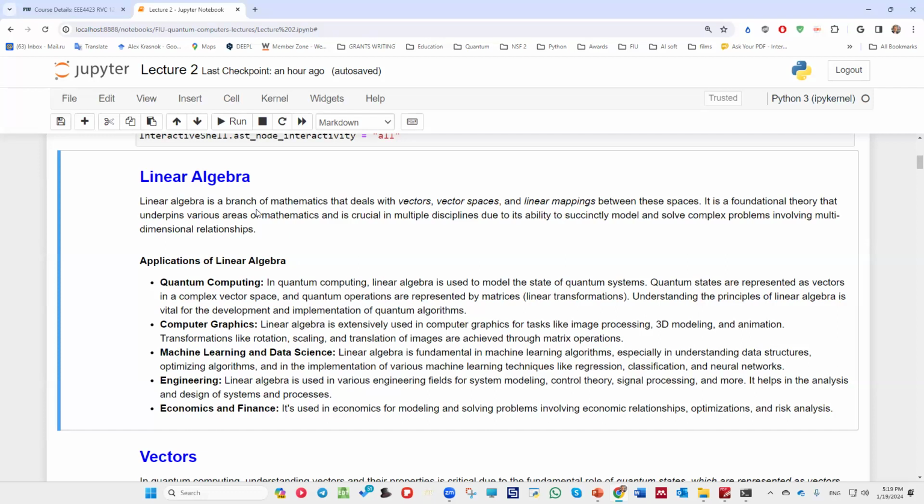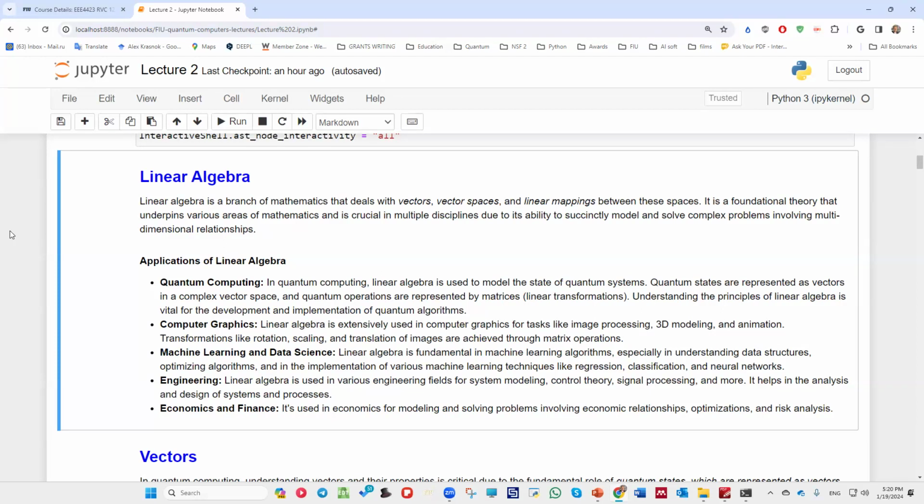Yeah, so linear algebra is a branch of math that deals with vectors, vector spaces, and basically space and vector transformations in the spaces. And this area of math is at the heart of many applications.